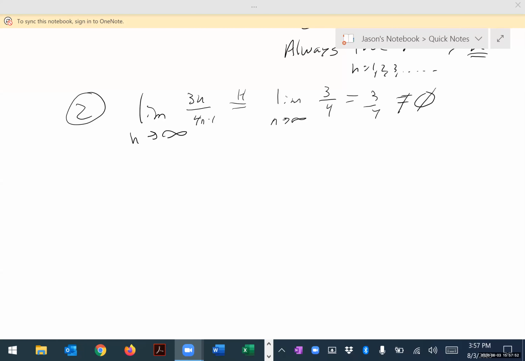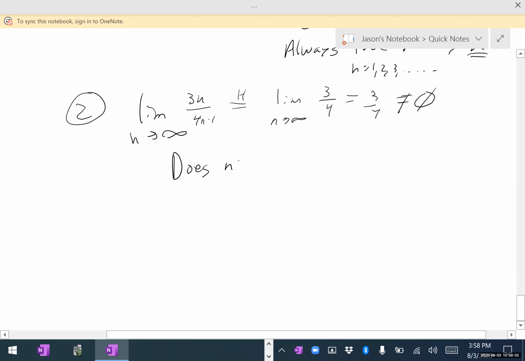It does not equal 0, which means that this does not converge.